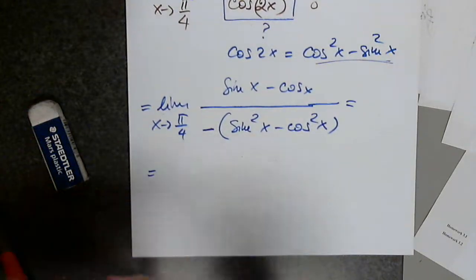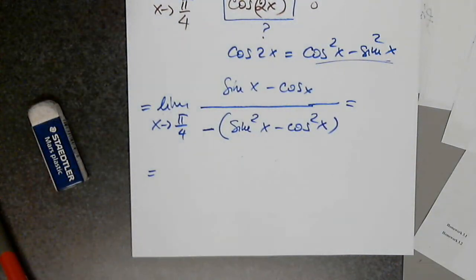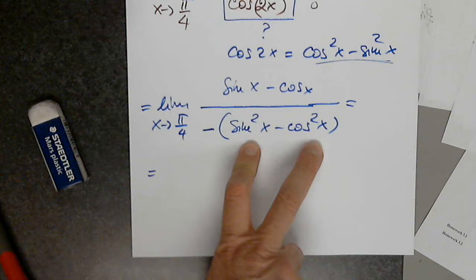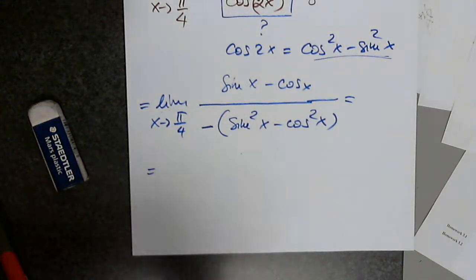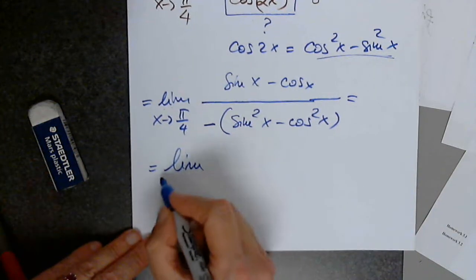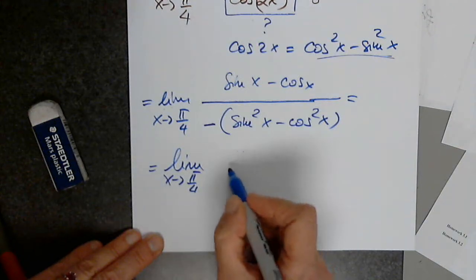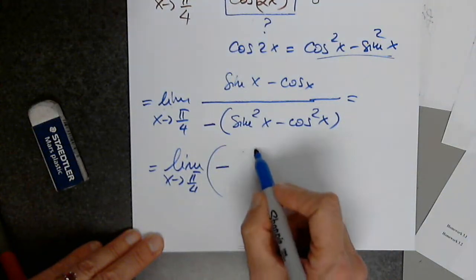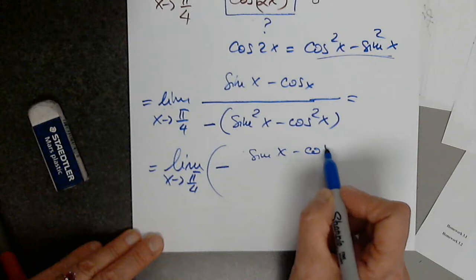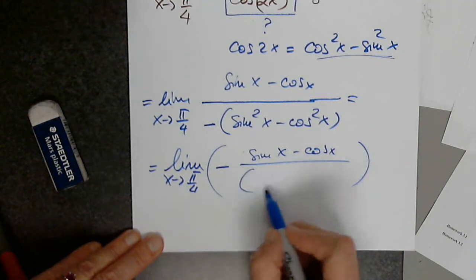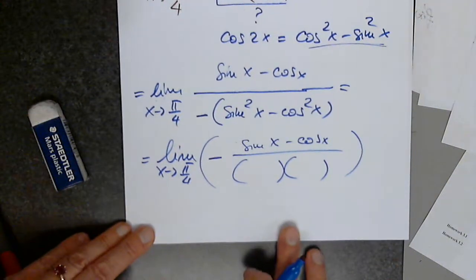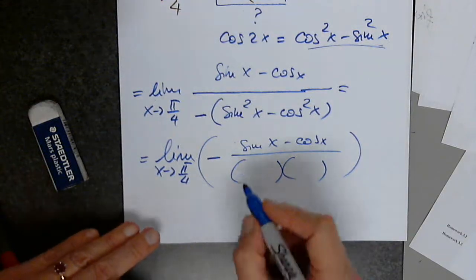What am I really getting at? Right, I have to factor this. This is on our contract. How do I factor this? Sine of x plus cosine.